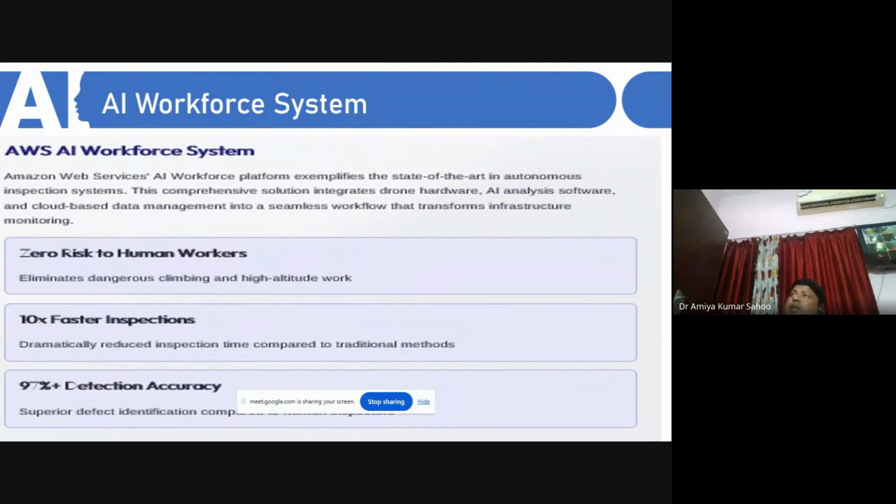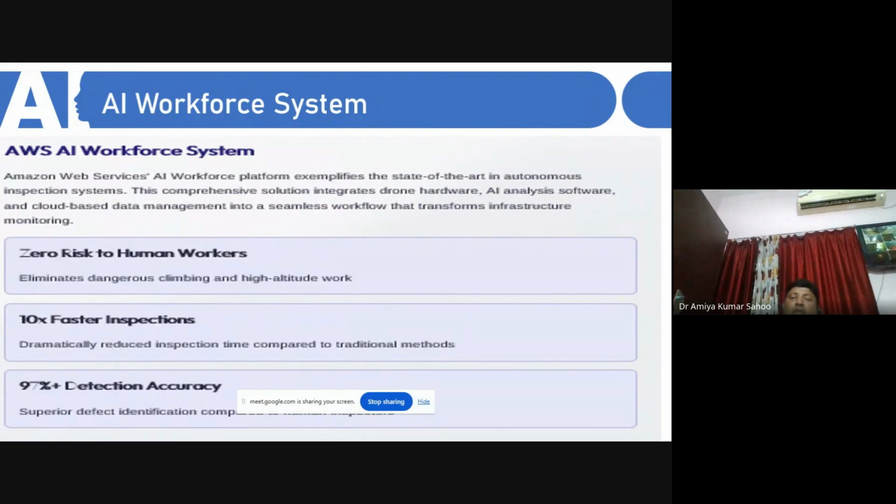Now, I have found one case study, in the case of Amazon Web Services, the AWS AI workforce system. Amazon Web Services is a platform which exemplifies the state of the art in autonomous inspection systems.